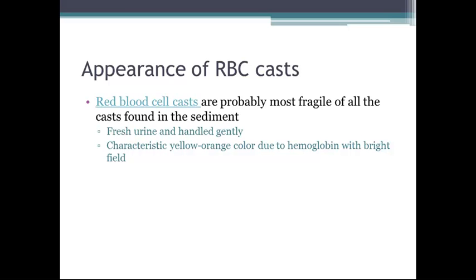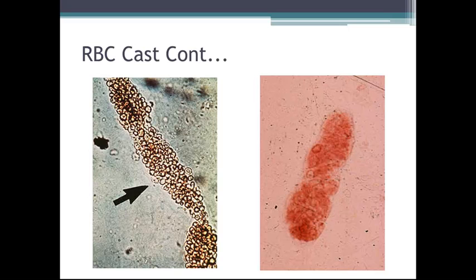Fresh urine and gentle handling are very, very important so they don't break apart. Characteristics: usually it's a yellow-orange color due to the hemoglobin with a bright red field. And here's an example of a red blood cell cast, and then another example where the cells are a little bit more intact.